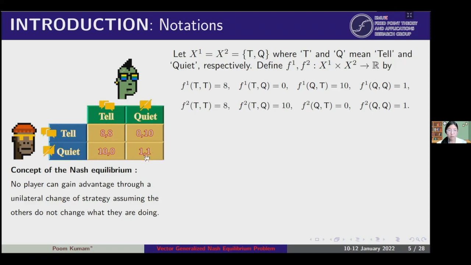From these values, we use the functions called loss functions F1 and F2. F1 is the loss function of player 1 and F2 is the loss function of player 2.